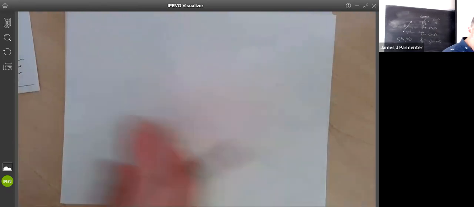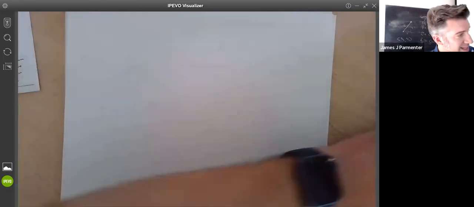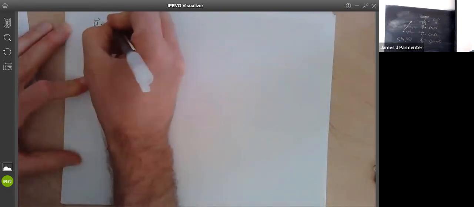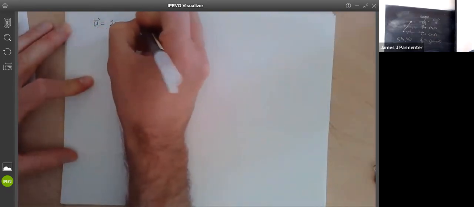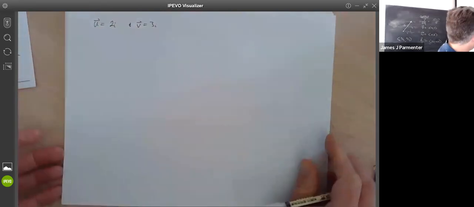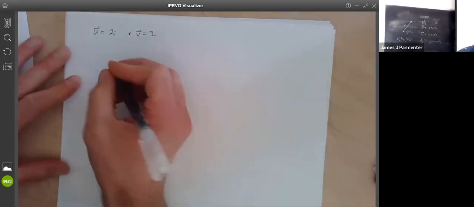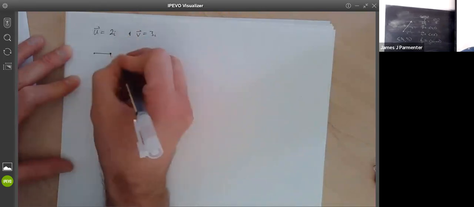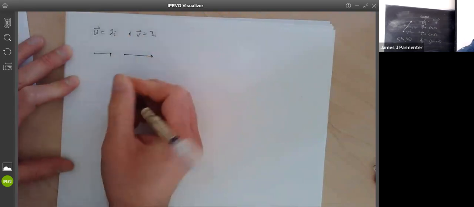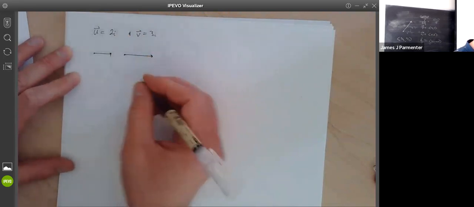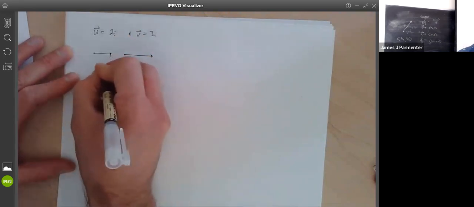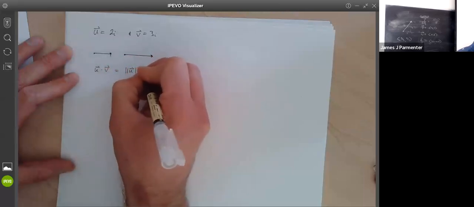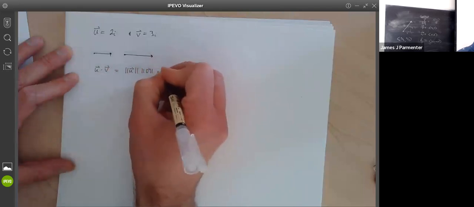So let's look at some examples to help us see the easier way of calculating a dot product. Let's say that u is equal to 2i and v is equal to 3i, which I know is not very exciting. So here are my vectors, 2i and 3i. All right, u dot v is going to equal the magnitude of u times the magnitude of v times cosine of the angle between them.